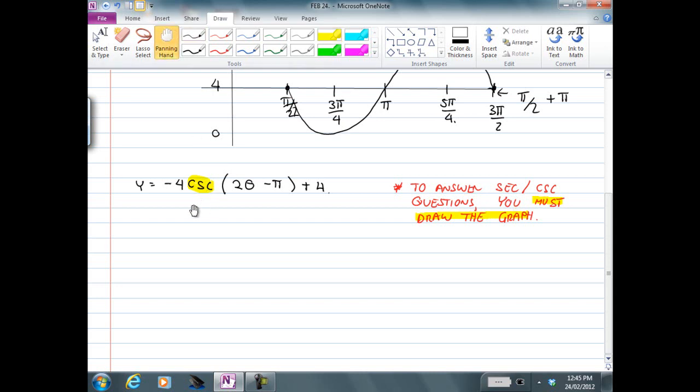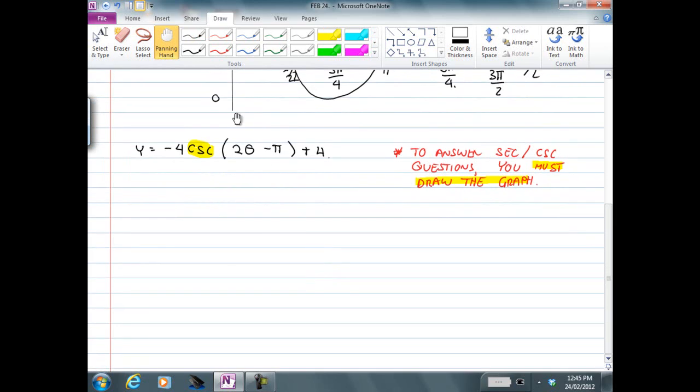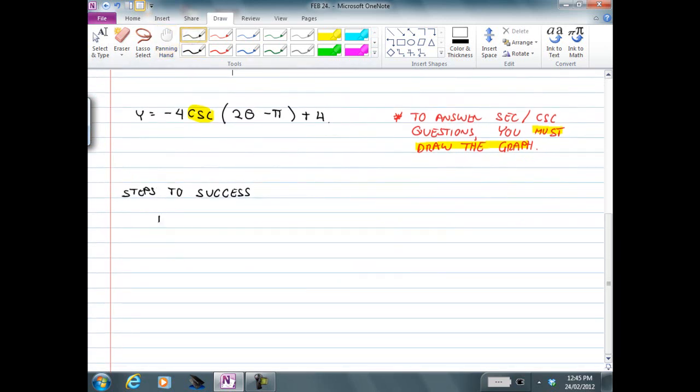To draw a cosecant, here are my steps to success. Double C, double S, and you'll always succeed. Step 1: rewrite the question using sine or cos.